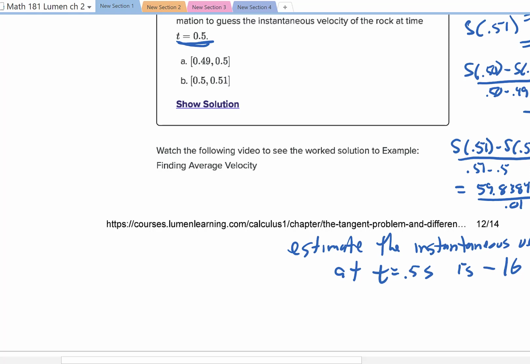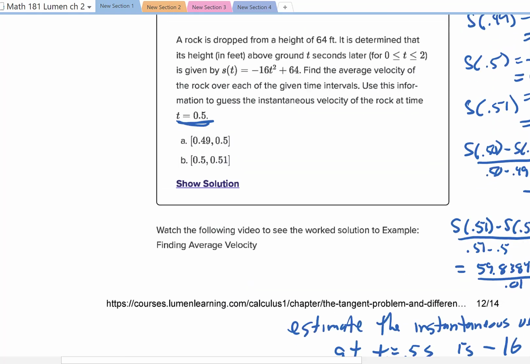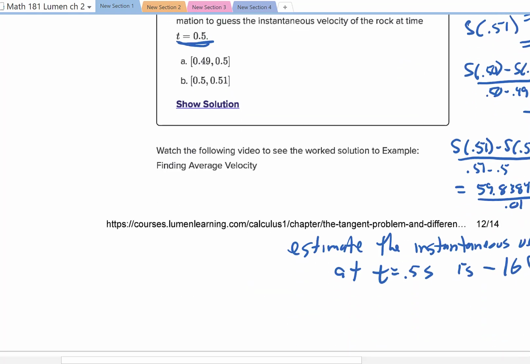Does it say meters per second? I think this is feet per second. Yep, feet per second. Okay, hope that makes sense. We had one side below it, one side above it, and this is in the middle.